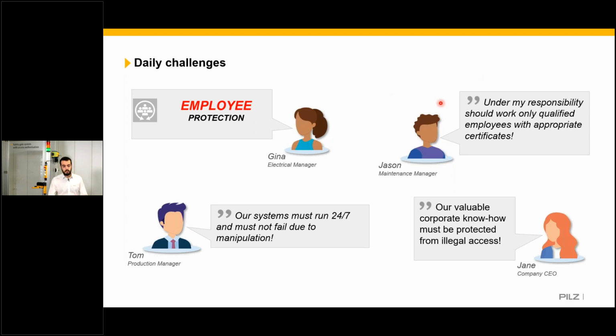Then the second point, which is also important: our key in pocket solution can identify who is going to have access, and we can allow or deny access to the machinery, to the dangerous area. Therefore, we can know if somebody is qualified or not to have access to that area. So we are also providing liability protection.